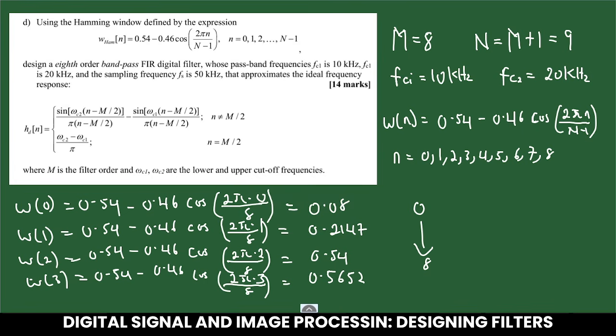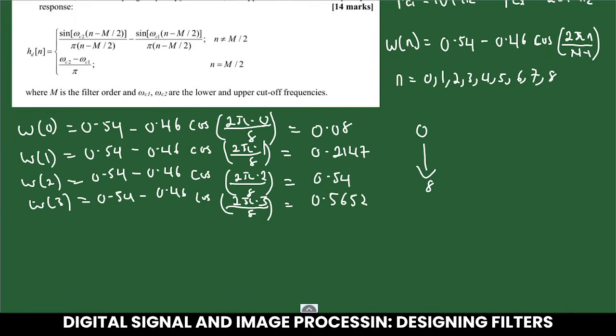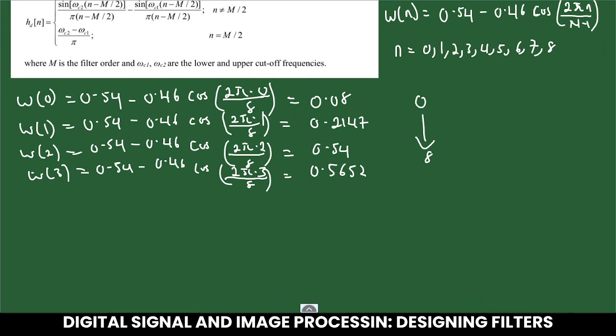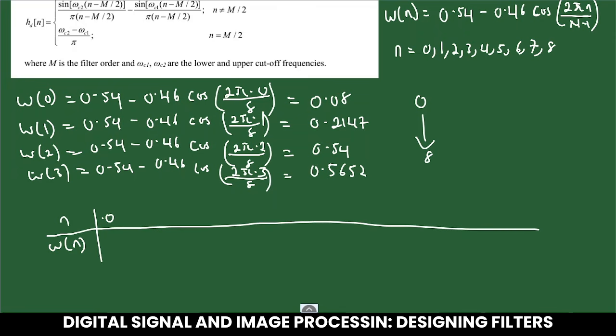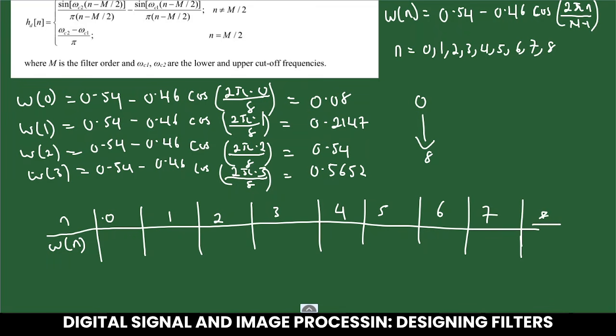And then let me quickly just write the values down. Or let's do it together. So n and W of n. So 0, 1, 2, 3, 4, 5, 6, 7, 8.